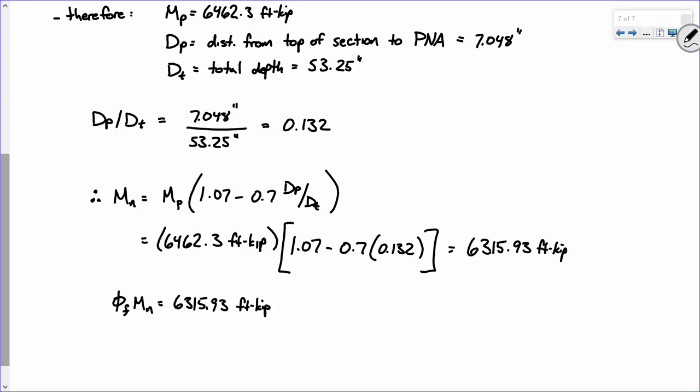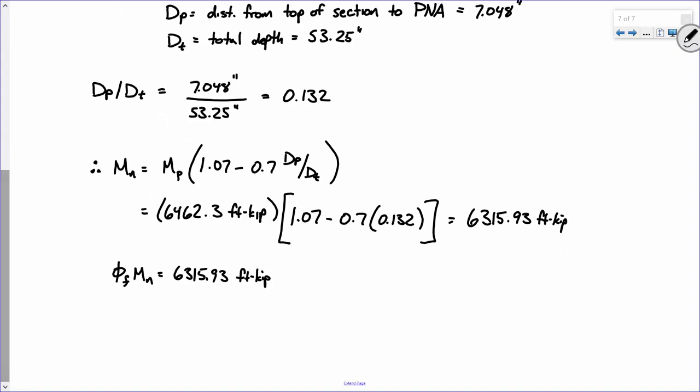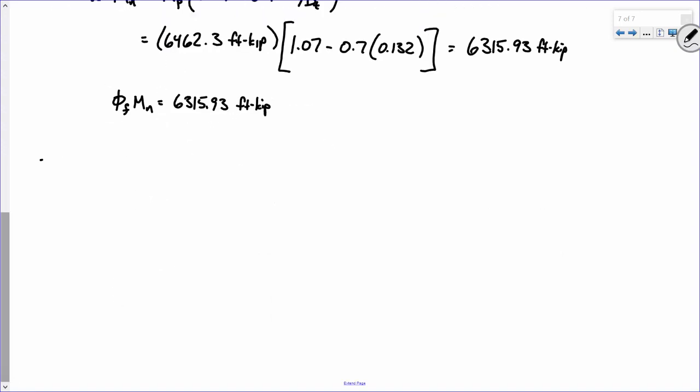So if I say, all right, now let's do factored moments. So we've got MDC1, and I'm just going to leave it in foot kips, so it's 702.74.